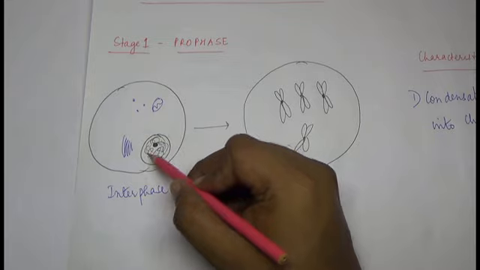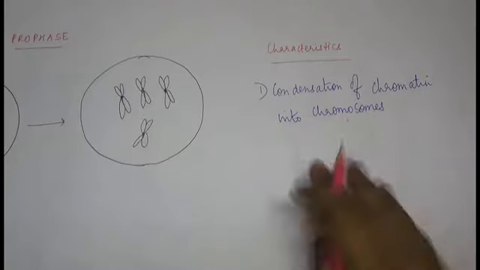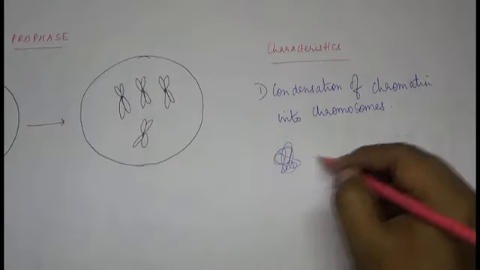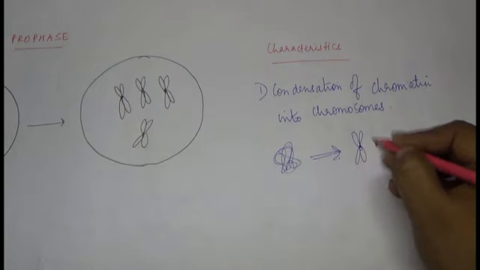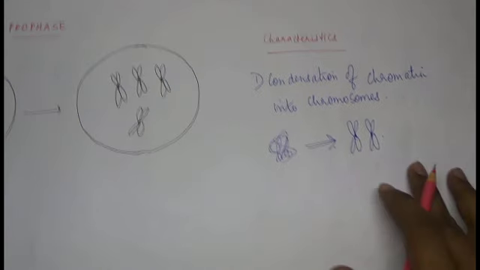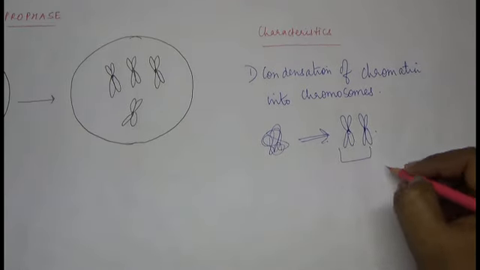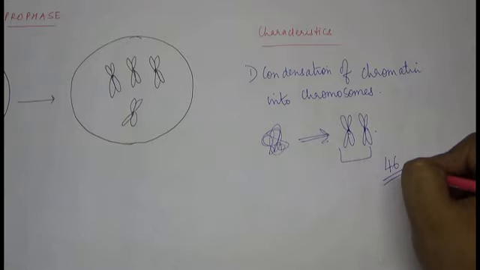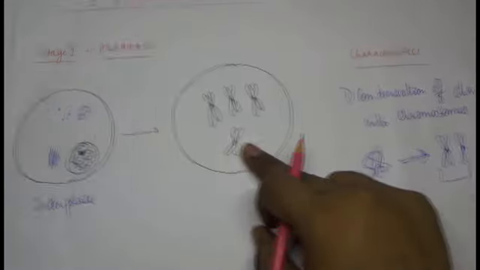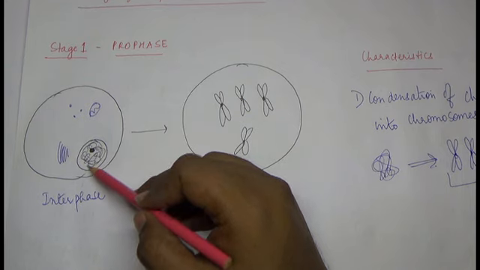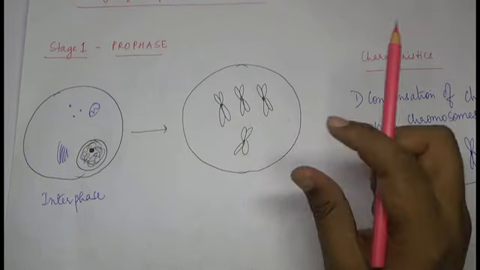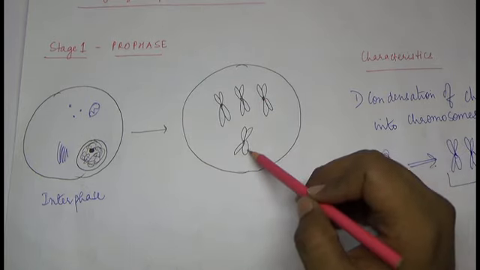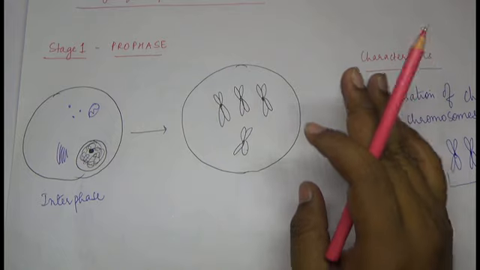What was chromatin? Chromatin was this thread-like structure. The thread-like structure of the chromatin will be condensed to give you a specific number of chromosomes. For a human being, the chromosome number is 46. This is the first thing which we'll see. The thread-like material will no longer be a thread-like material. It will be distinct coiled, round, short structures called chromosomes. Here we have taken 4.